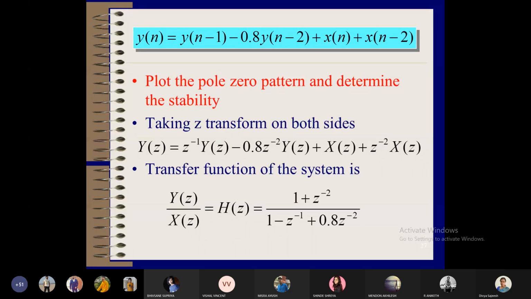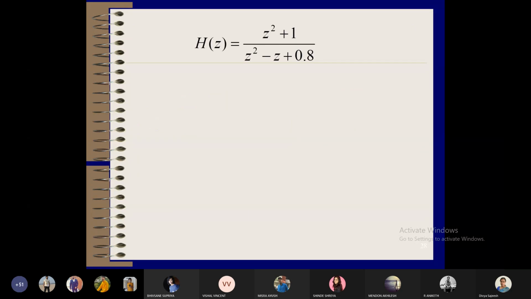Now to get the zeros and poles, you have to factorize the numerator and denominator. On the numerator we have 1 plus z raised to minus 2.